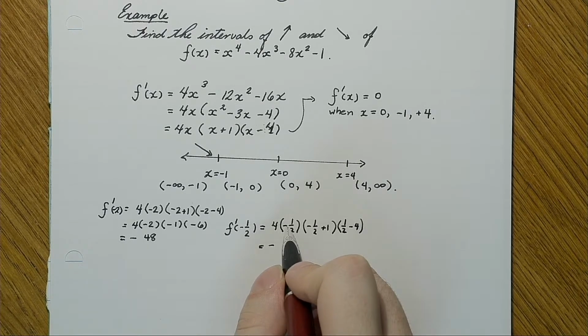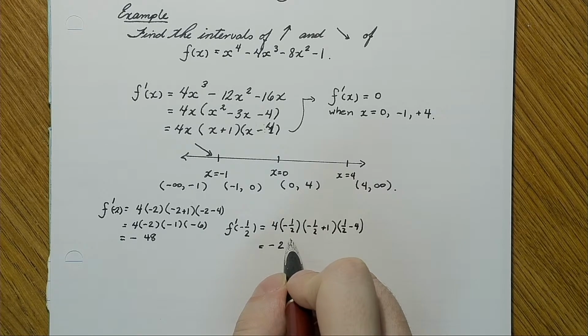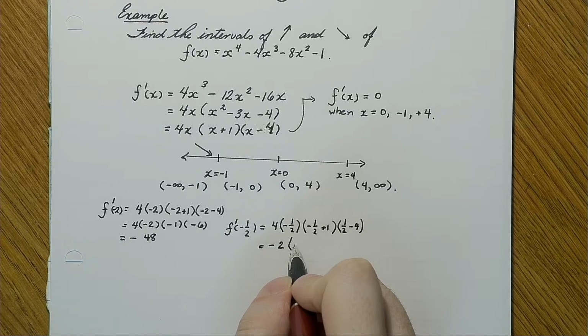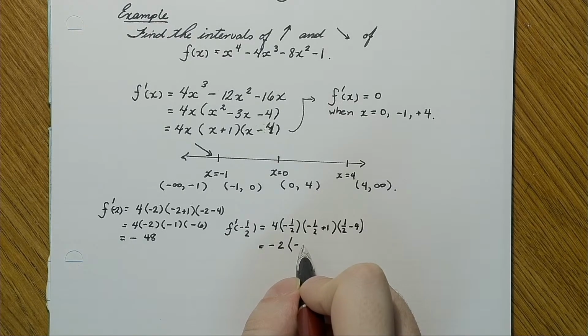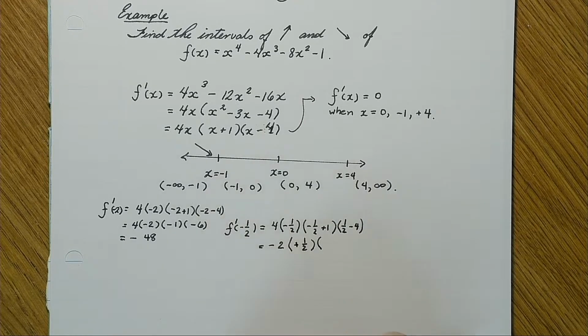So I get minus 2, times, and then plus 1, so that becomes just a positive half. And then I have minus, oh man, just a second.